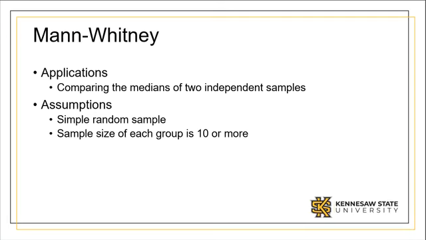The alternative statement is that the population medians are different from two independent samples. We can also establish that one median is greater than or less than the other on the alternative statement. The assumptions for this test are simple random samples, and each of the samples must have 10 or more values.